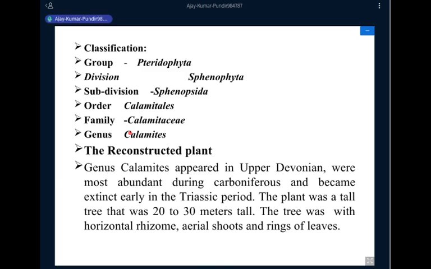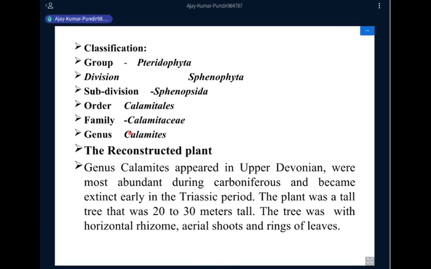A lot of research work is going on continuously at NBRI, the National Botanical Research Institute, Lucknow. It is a very famous center in India in which many paleobotanists work continuously on fossil plants. Like that, Calamites are also found in fragments.